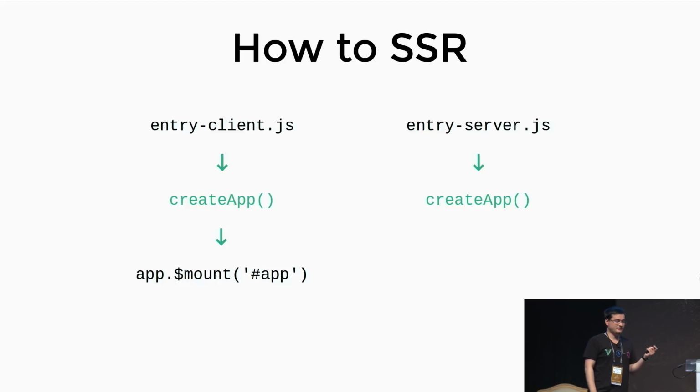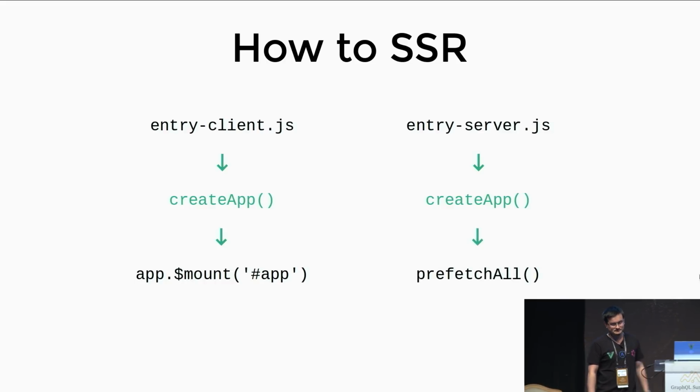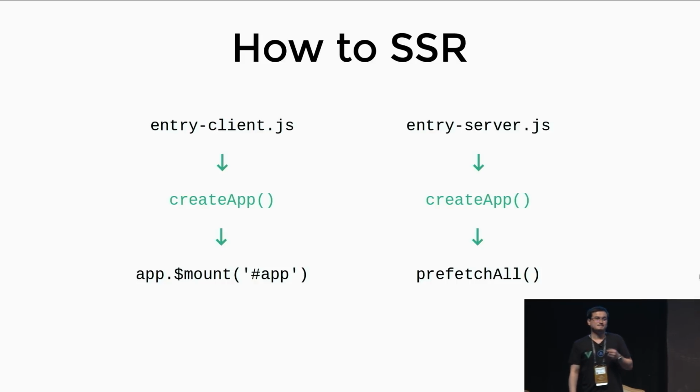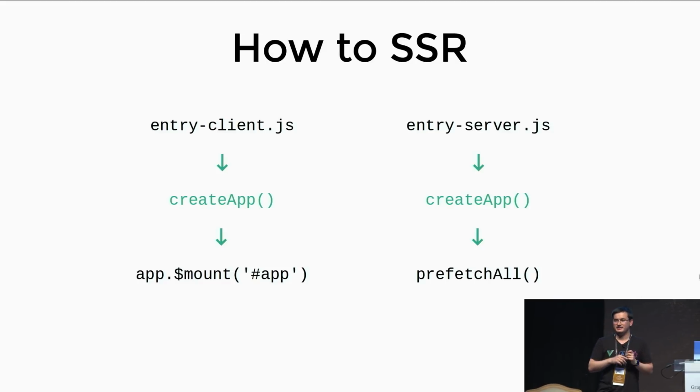Then this is the same as the client. We need to create the app, otherwise you won't go anywhere. And then we need to prefetch all the Apollo queries to render the app in the same state as if you already loaded everything. So if you only had the client side of things, you open the app, and then there's a loading indicator, for example, and then you get the data back from your GraphQL API.